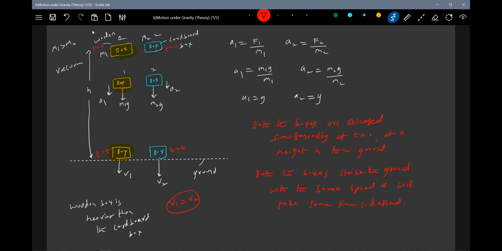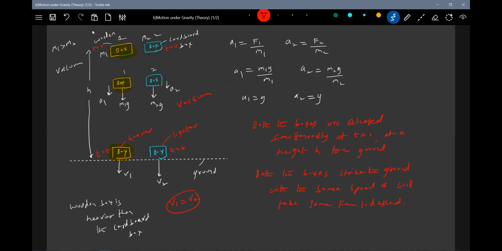How come, sir? The one which is heavier, and this lighter one, the heavier should strike the ground first? No. If this experiment were done in a vacuum, even paper and this would take the same time. The reason is acceleration. Why do they descend in the first place? Because of gravity. Both the boxes have acceleration due to the gravitational force, so these accelerations are due to gravity.